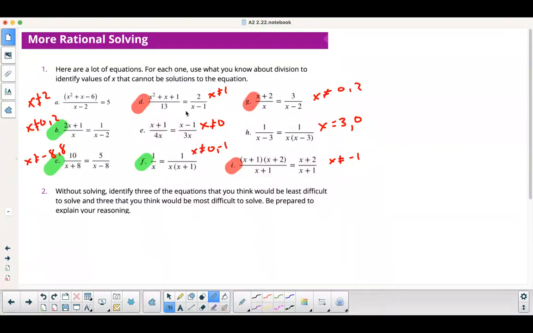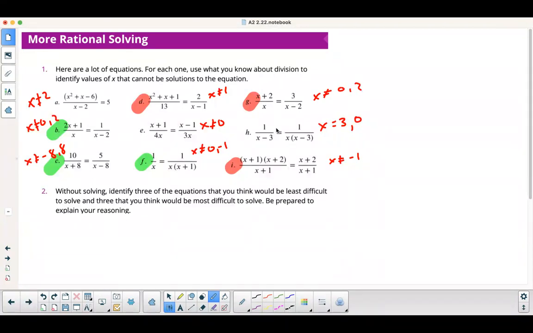Now this one I would say is hardest here because when I cross multiply like a proportion, I'm going to get an x cubed because I'm going to get x squared times x. That's going to make it hard. Same thing here. I'm going to have to multiply x plus 1 times x plus 2 times x plus 1 when I cross multiply. So that's going to give me an x cubed.